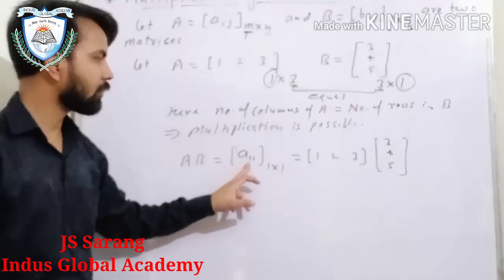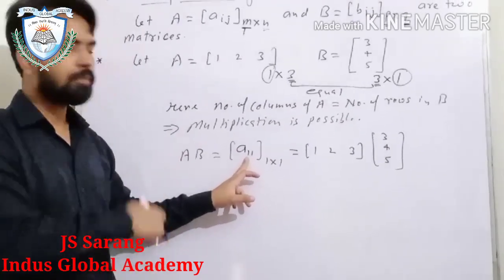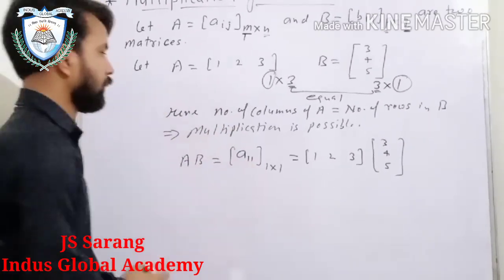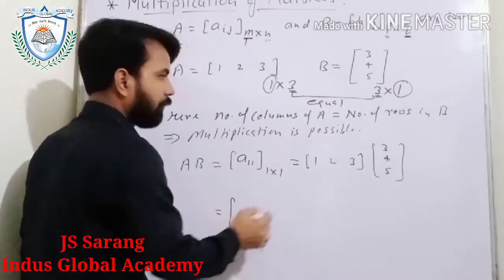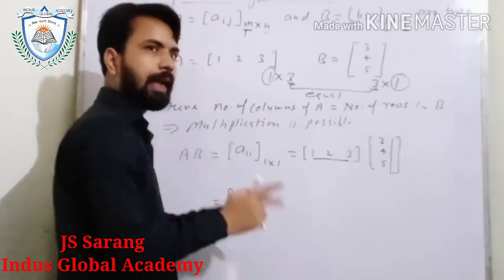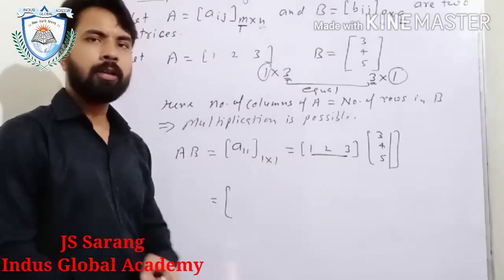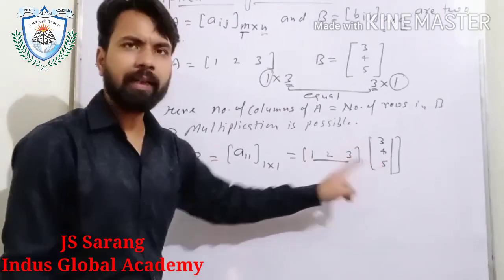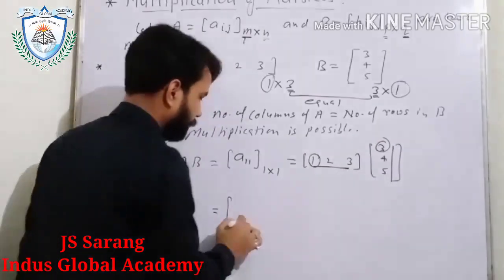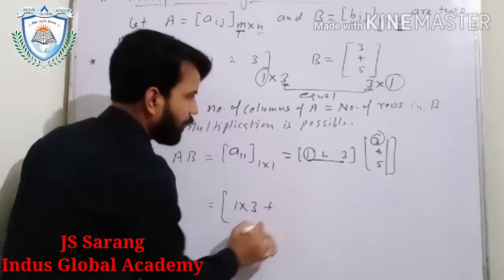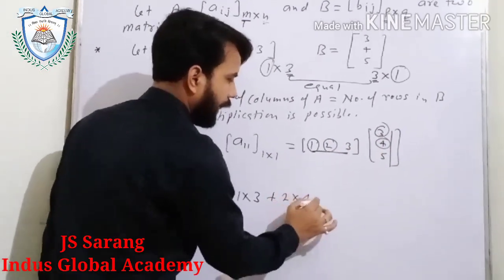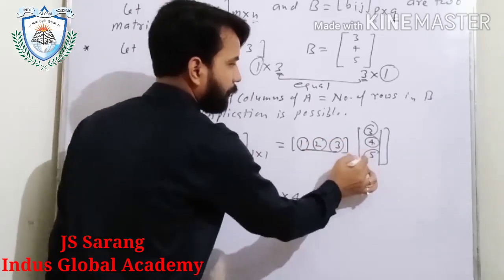A11 means the first row of the first matrix is multiplied by the first column of the second matrix. So first row means this one is multiplied by this column. So we have to find out the sum of products of their corresponding elements. So 1 is multiplied by 3 and plus 2 is multiplied by 4 and plus 3 is multiplied by 5.